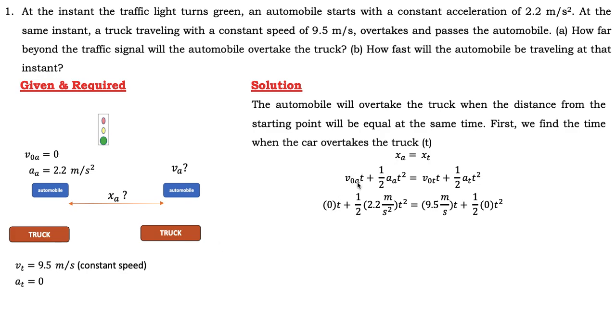We know that V0A is 0, t, the acceleration 2.2 meters per square second, t squared, the initial speed of the truck 9.5 meters per second, and the acceleration of the truck is 0. So we get this and this.